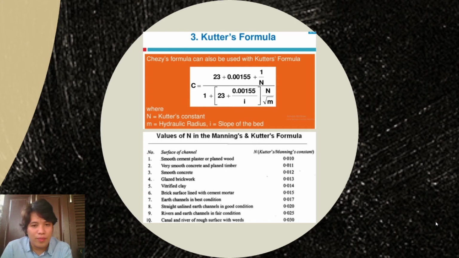I know it's familiar because it was also introduced in hydraulics, where n stands for Kutter's constant, R is the hydraulic radius, and S is the slope of the bed. The values of n all correspond to the constants, and they are the same as for Manning's.